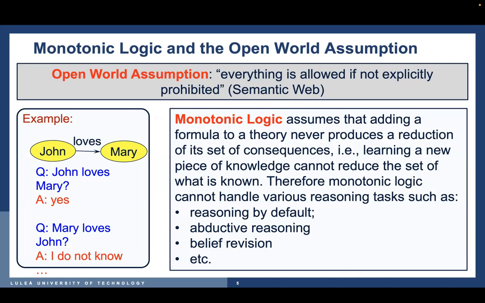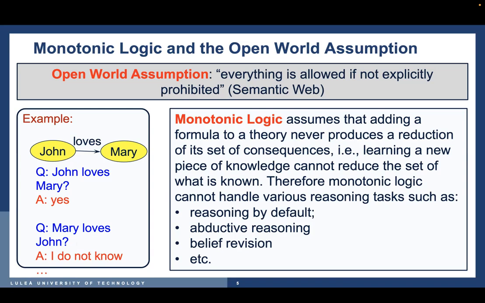The variant of reasoning that you can do is that unless it's explicitly said that the statement is false, you cannot assume that it is false. It may simply not be known at the moment.